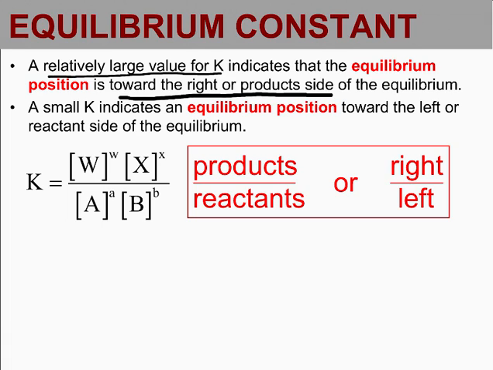And then let's say we have a small value of K. That means we have a ton of reactants, which are in the denominator. So that indicates an equilibrium position toward the left, or reactant side. So we can use K to determine which side of a reaction is favored.